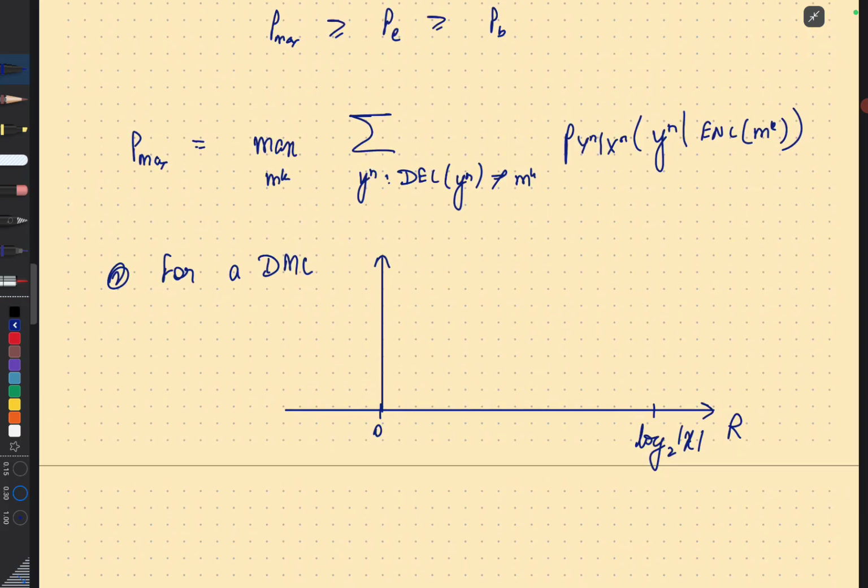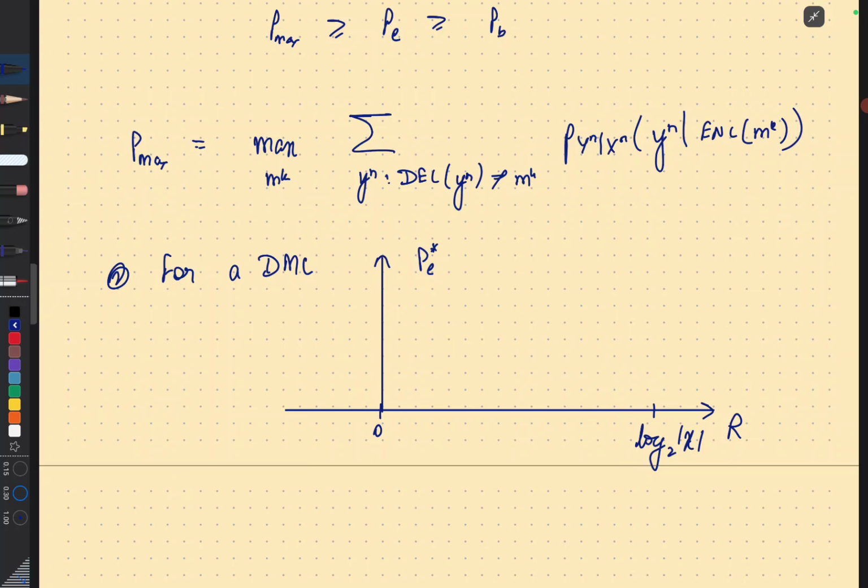So I have a rate on the x-axis, the asymptotic rate, and on the y-axis I have the minimum possible probability of error, the asymptotic minimum probability of error.